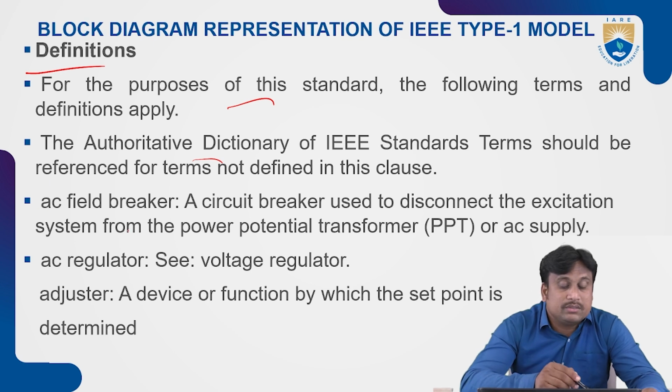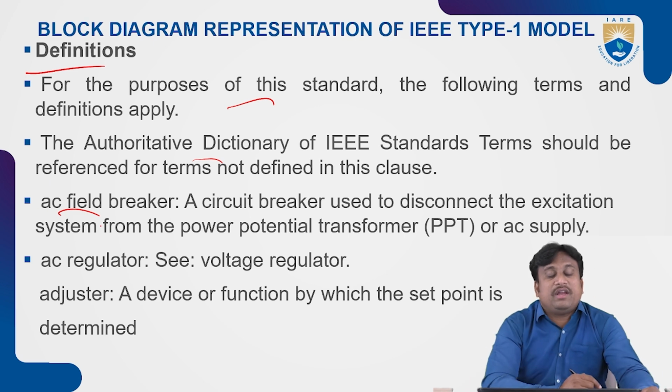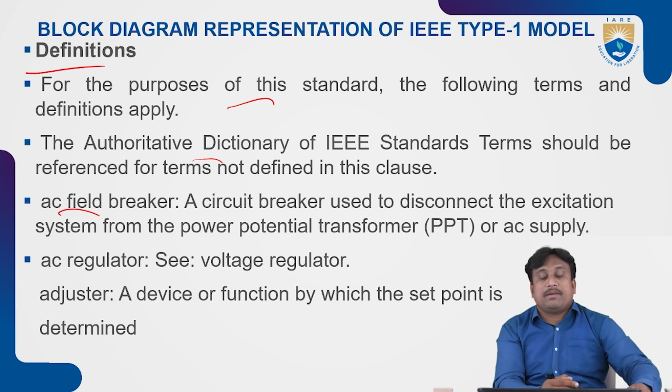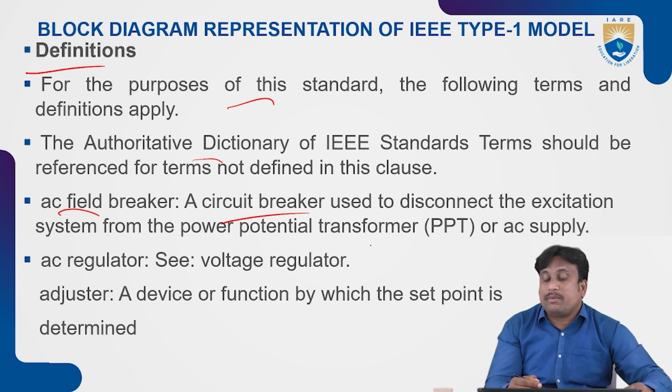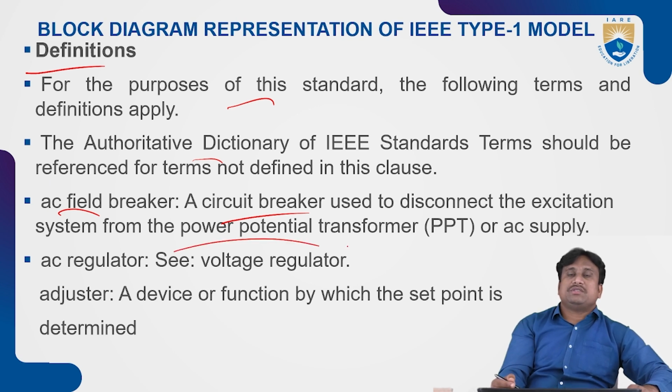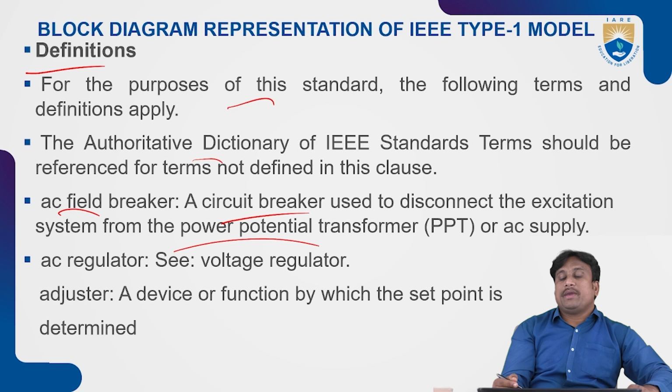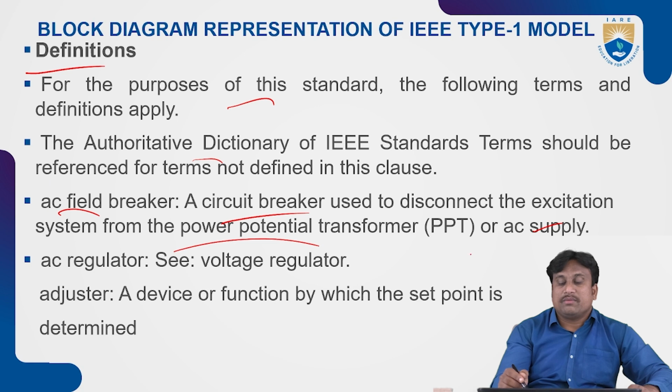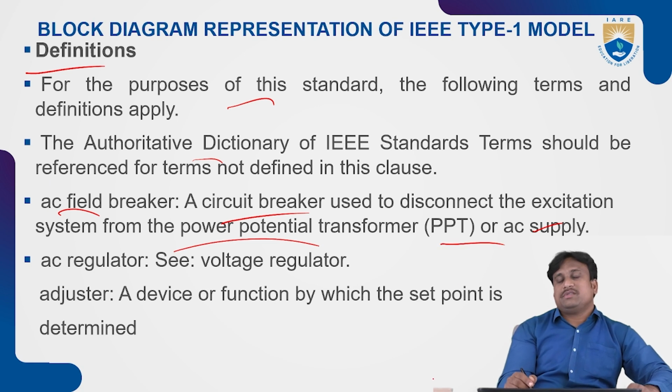First, the AC field breaker: a circuit breaker used to disconnect the excitation system from the power potential transformer, called PPT, or it may be treated as the AC supply.